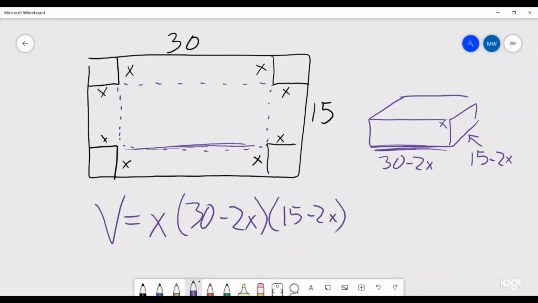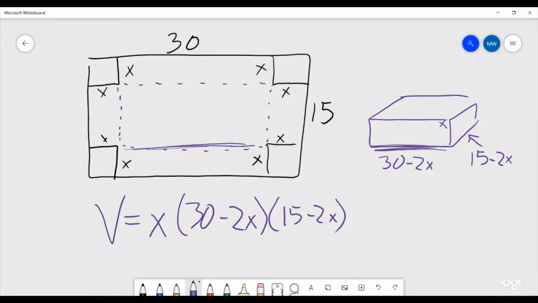Now, just looking at the formula, we might say, oh, the domain is going to be everything. But if we did that, we would have neglected the fact that we are dealing with a real-world problem, which means that not all x values make sense.